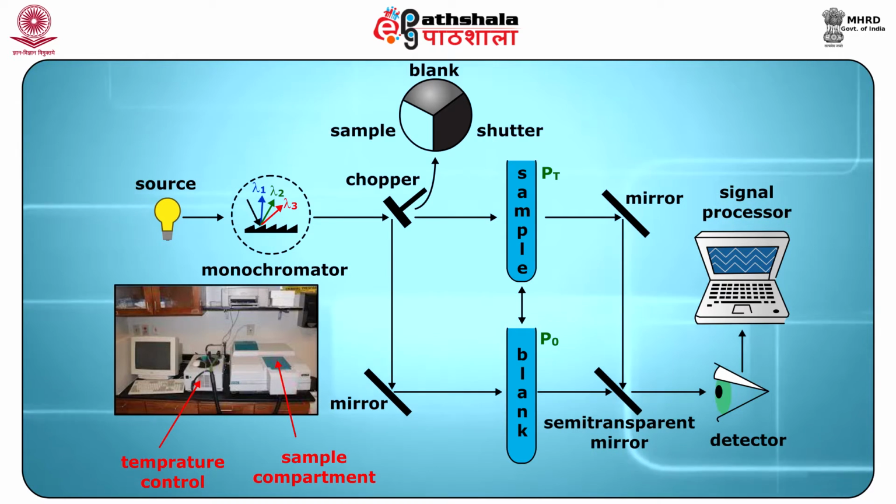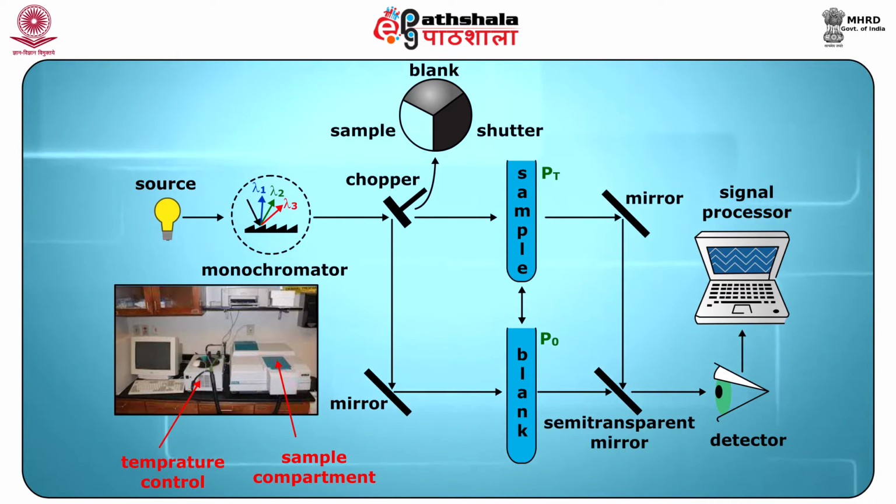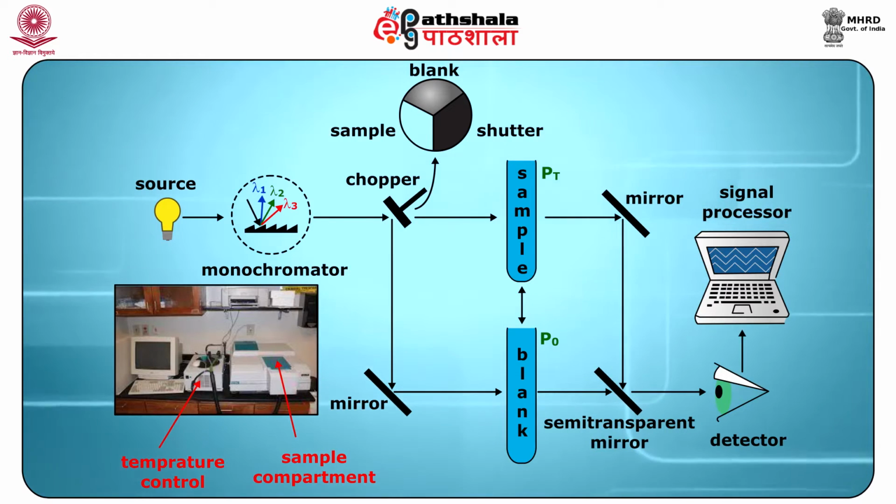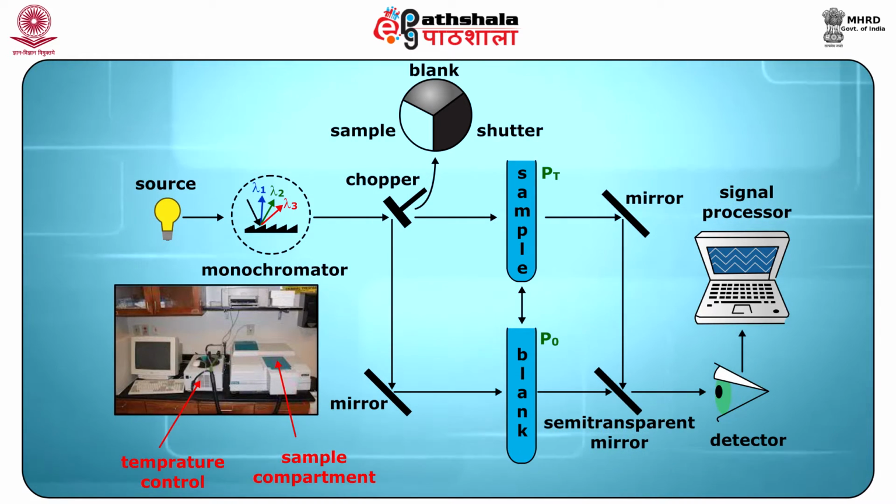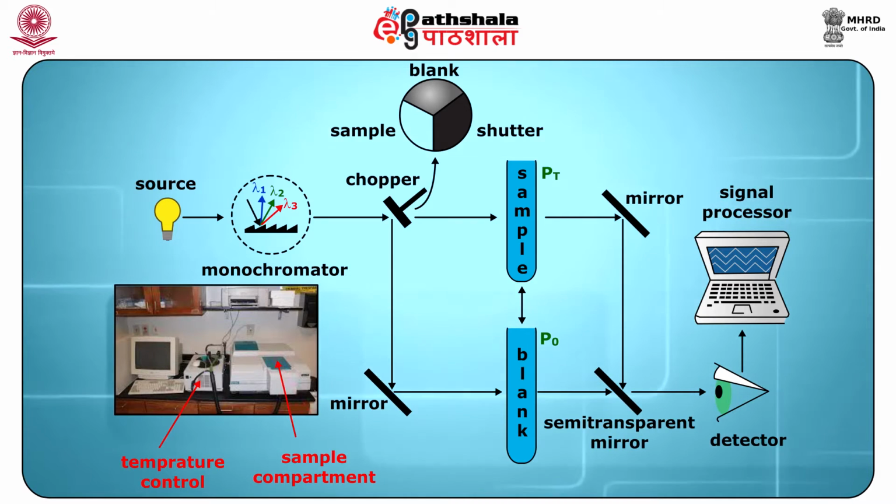By adjusting the monochromator's entrance and exit slits, the effective bandwidth of a double beam spectrophotometer is controlled. Values for the effective bandwidths are commonly around 0.2 to 3.0 nanometers.